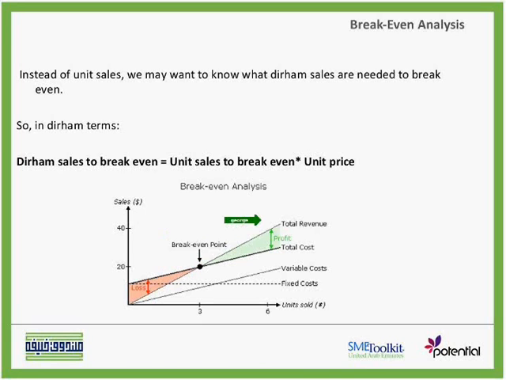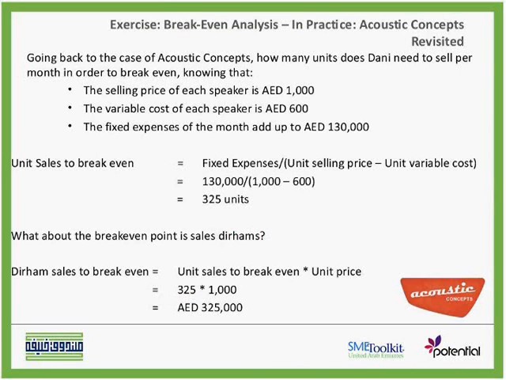Let's go into a numerical example to explain a little bit about the break-even point. Going back to our previous example of the acoustic concept. How many units does Danny need to sell per month in order to break even?